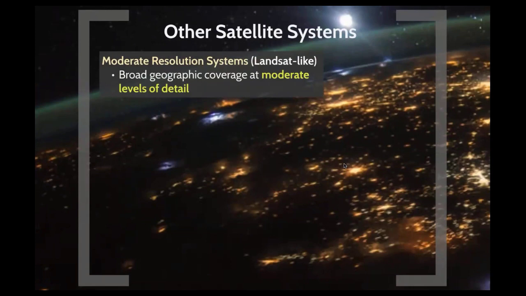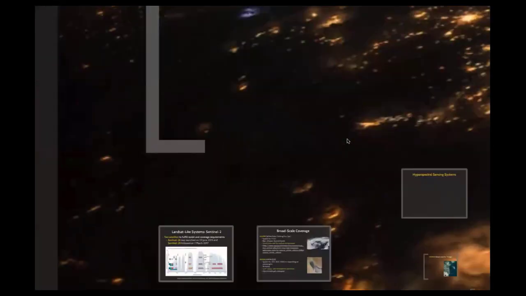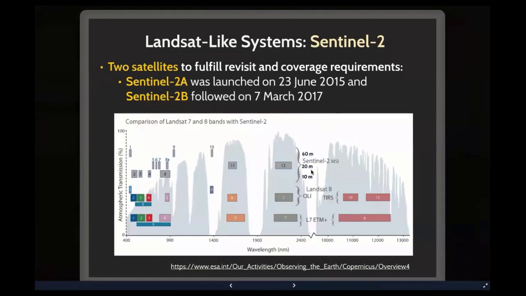It's called the Sentinels. They're operated by the ESA, the European Space Agency. You can consider the system very similar to Landsat. We're going to take a look, and they also did a comparison with Landsat 8 to show how the spatial and spectral resolution of the two systems compare to each other.